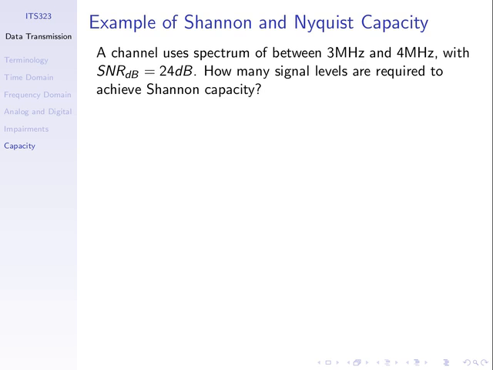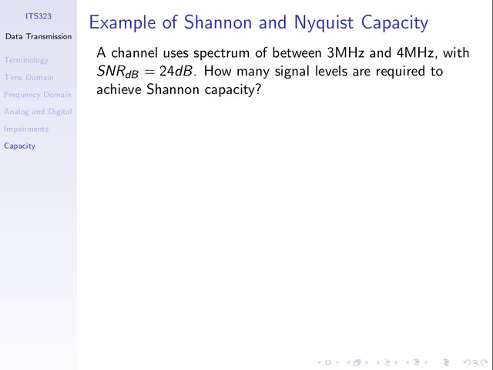So it says, if we want to achieve this data rate, and we have the bandwidth of 1 megahertz and this SNR of 24 dB, then we need at least 16 levels. If we had less, if we had 8 levels, if m was 8, we would get just 6 megabits per second.